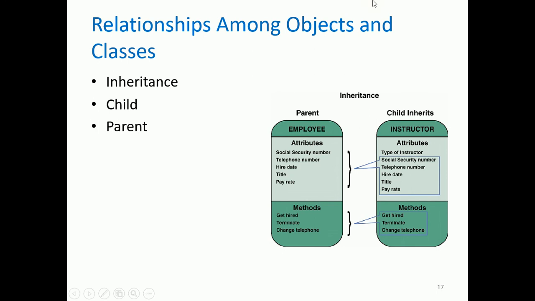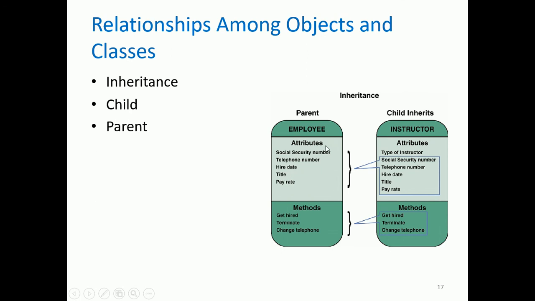So we have this inheritance visible to parent and child. For example, the parent is the employee object. The employee object has attributes such as social security number, telephone number, hire date, title, and pay rate.